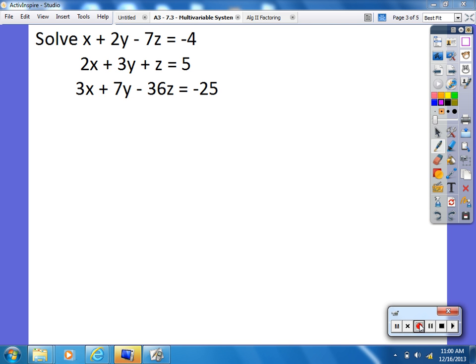-2? All right. So I'm going to multiply it by -2. I'm going to write it right beside it. And if I do that, I get -2x minus 4y plus 14z equals 8. I didn't need a calculator to do that, did I? Okay. So now go ahead and add 1 and 2 together.